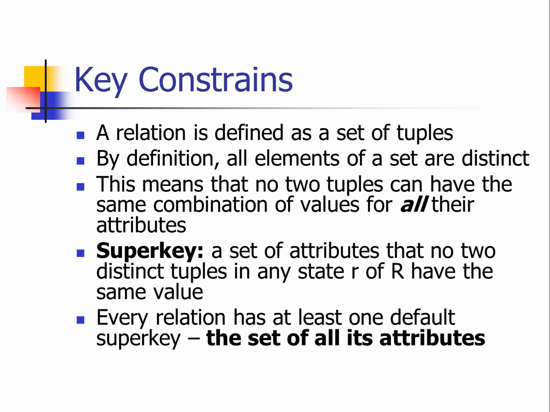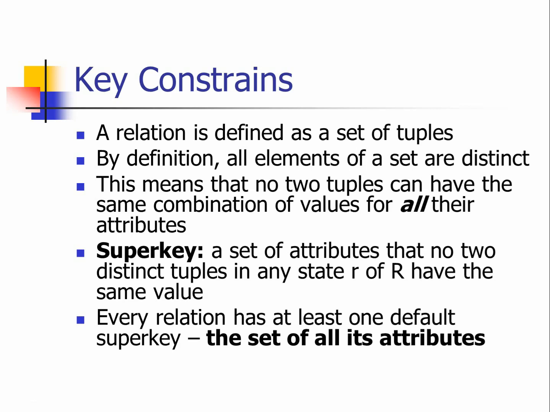Before we look into the key concept, let's talk about the idea of the superkey. A superkey is a set of attributes. You can think about it as picking several attributes such that no two distinct tuples in any state R of R have the same value, so that this set of attributes can be used to distinguish one from another.